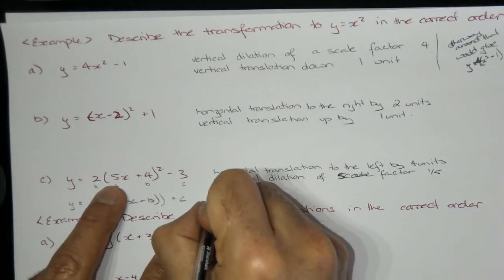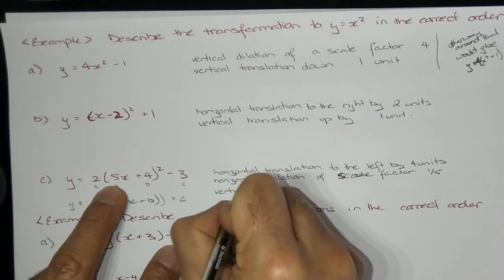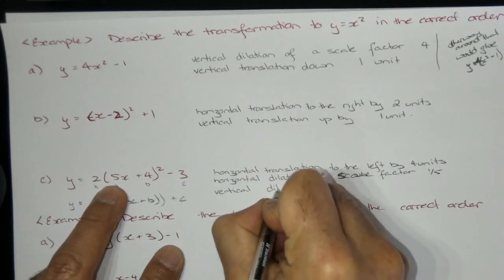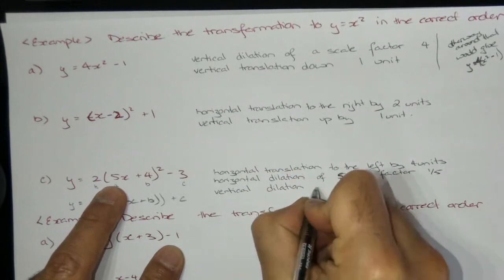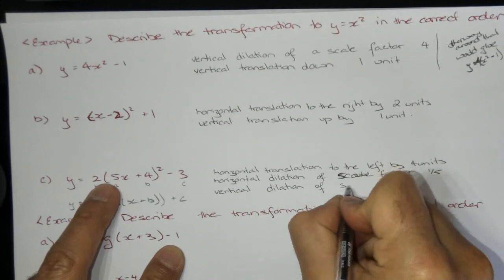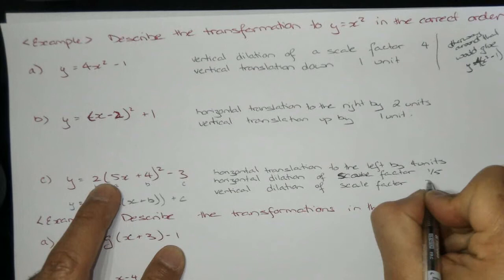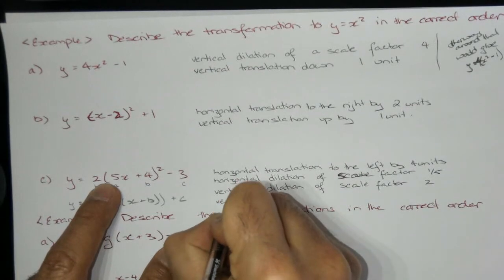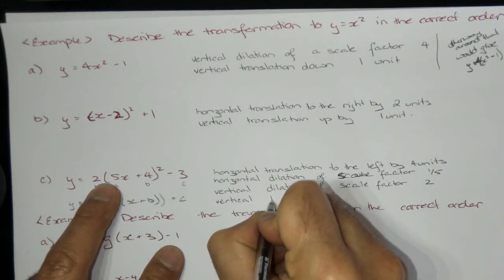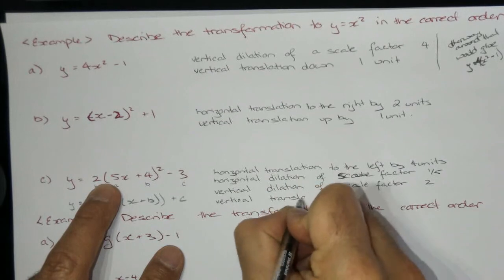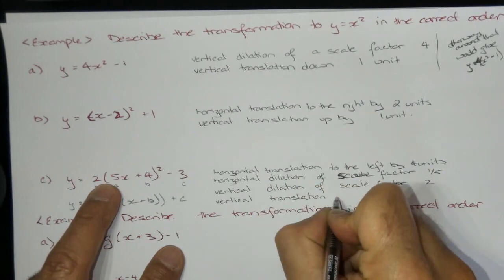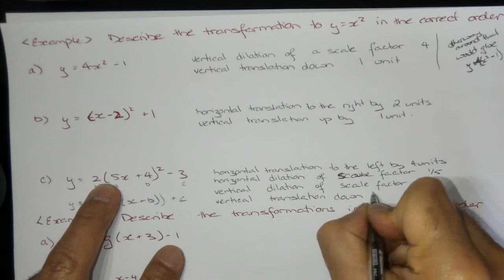Then we're going to have a vertical dilation of scale factor 2 and a vertical translation down by 3 units.